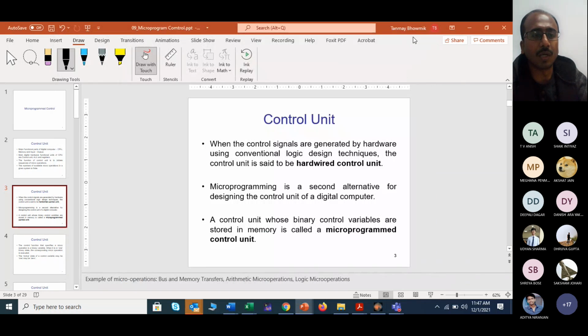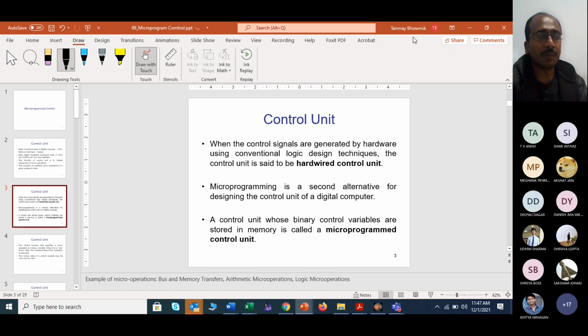Okay, for a quick review of our discussion based on this microprogram control part, one of the units of your system is the control unit, right? And we also read earlier that whenever you are thinking about this control unit, there are two types of control unit: hardware control unit and microprogrammed control unit.